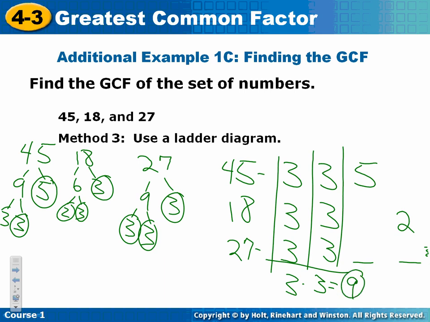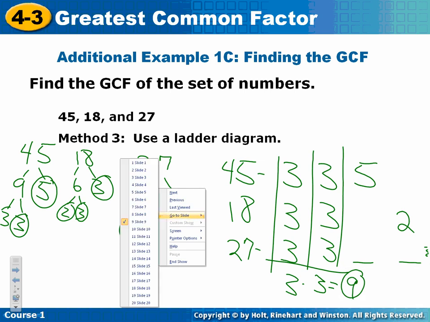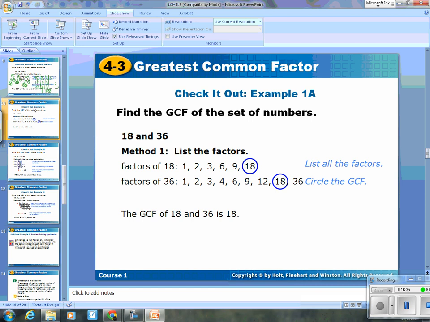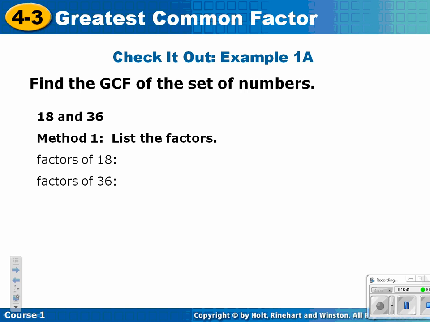This is so easy. Once you've figured out how to set this up, you are good to go. So what I would like you guys to do is use the prime factorization to figure out the greatest common factor for 18 and 36.